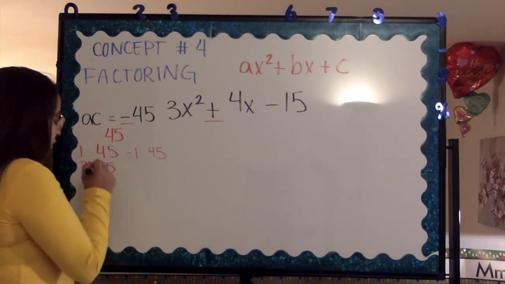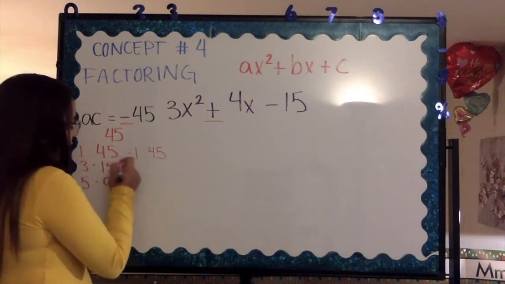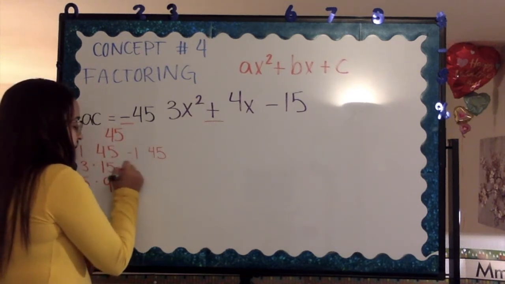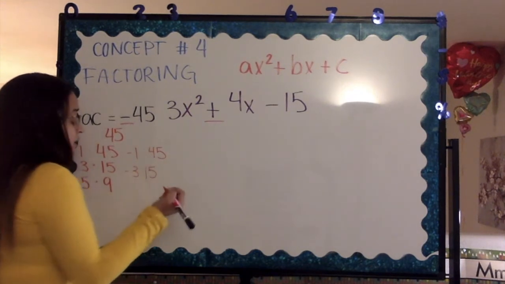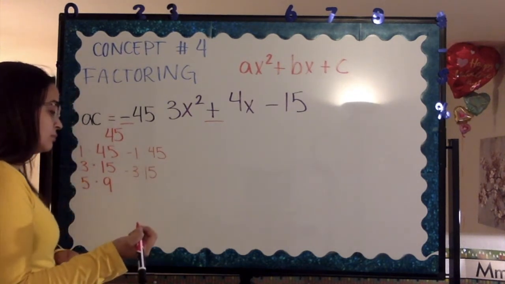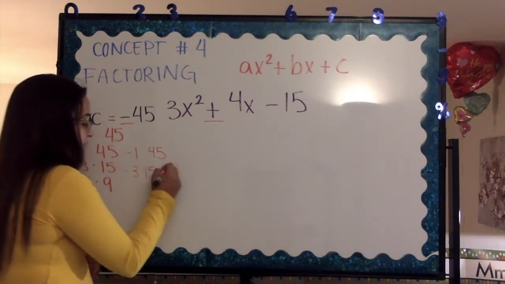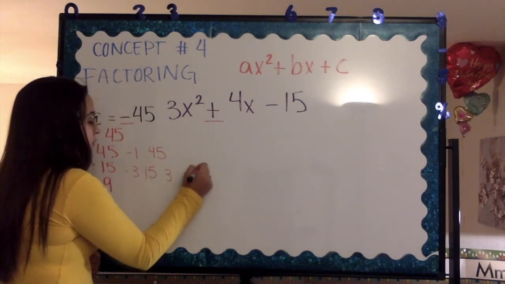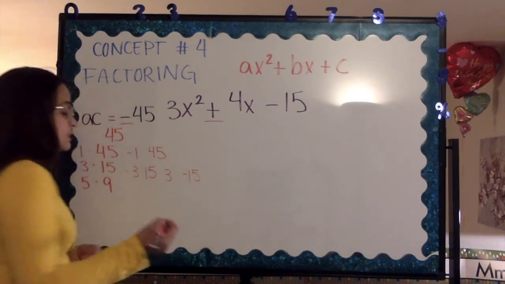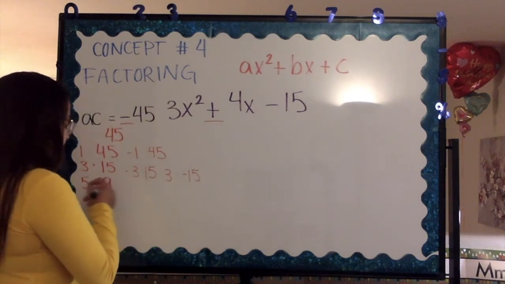Now, let's move on to 3 and 15. If we have a negative 3 and we add it to 15, that would just give us 12. And if we had a negative 15 and a positive 3, that would give us negative 12. Again, not what we're looking for.